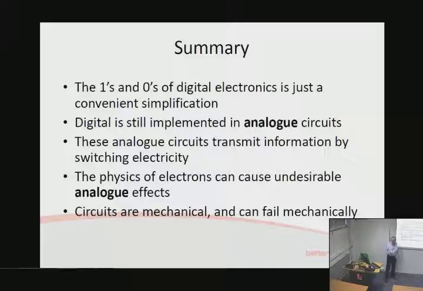And then finally, although the virtual world, and we always talk about the virtual world, seems very abstract and disconnected from the real world, these devices are ultimately mechanical devices. They're mechanical artifacts. And although they have no moving parts, they still break. It's very easy to think of them as just things that sit there, not moving and hence not breaking. Not true. And we must think about that when we design and we debug and we develop.